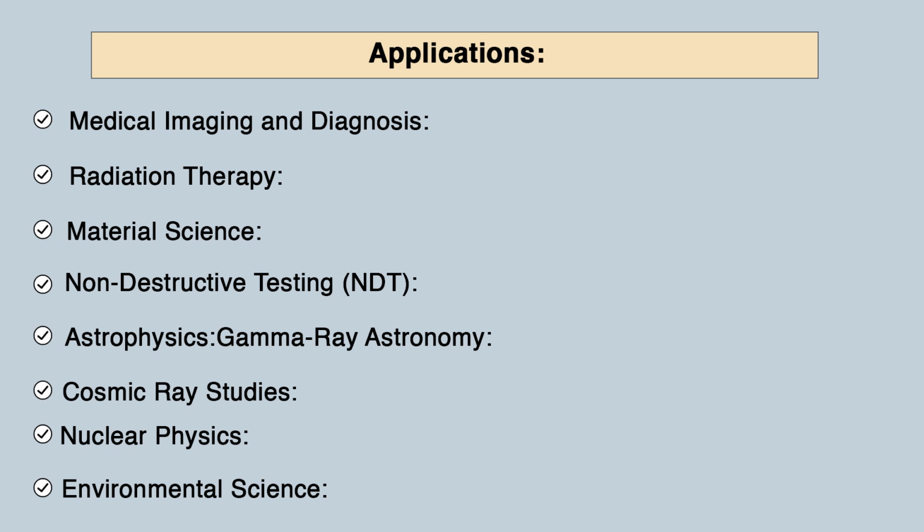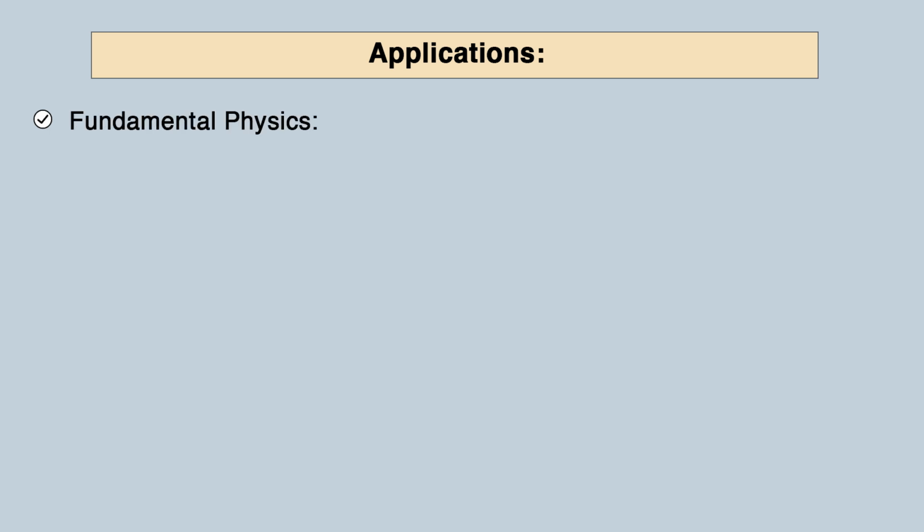Radiation detection and monitoring. Compton scattering is used in radiation detectors and monitoring systems to measure and analyze environmental radiation levels, such as in tracking radioactive contamination.